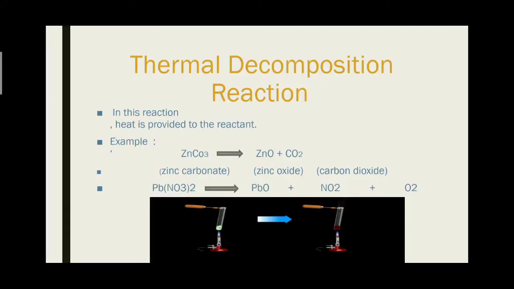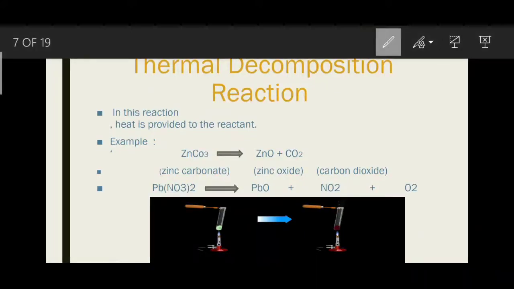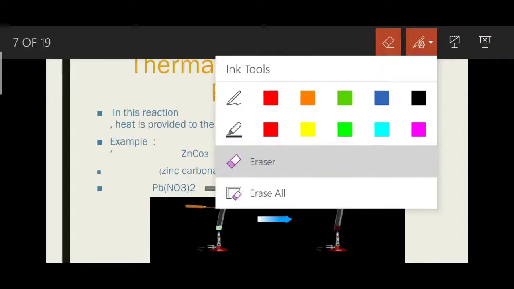The gas is nitrogen dioxide. You can see that I have not balanced this equation, so you have to balance this equation and answer me in the comment box. I am not balancing this equation. The balanced form is given in your book also. Let me make the symbol of heat here.